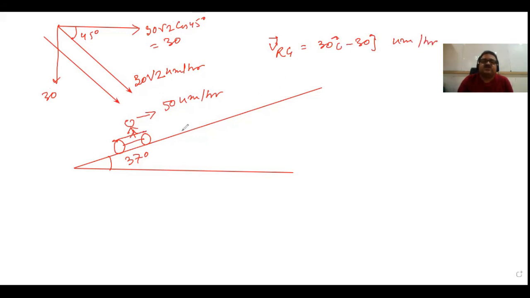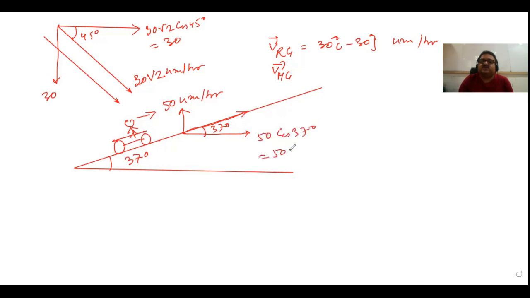Now, what is the velocity of the man with respect to the ground? It is given. The man is moving up the inclined plane at 50 kilometer per hour with respect to the ground. So we need to find the two components of this velocity, one along this, one along this. This angle is 37 degree. So this is 50 cos 37.